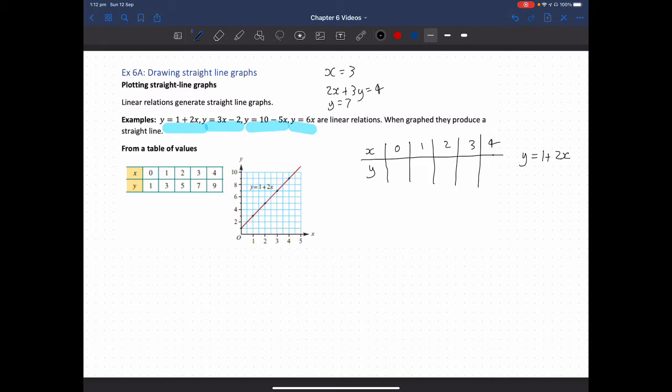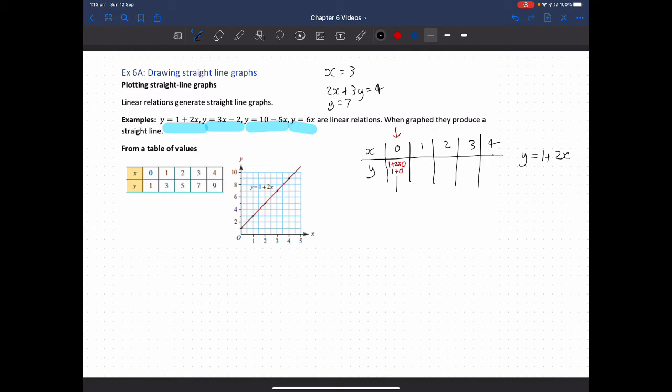So the first thing I'm going to do is consider when x is 0. Substituting into the formula y equals 1 plus 2x, I get 1 plus 2 times 0. 2 times 0 is 0, 1 plus 0 is 1.